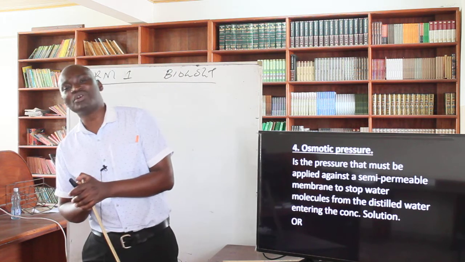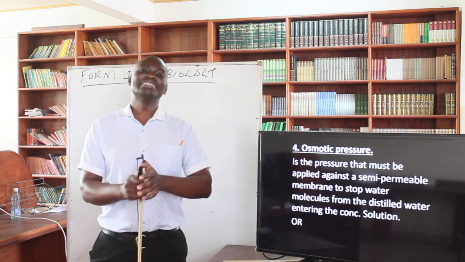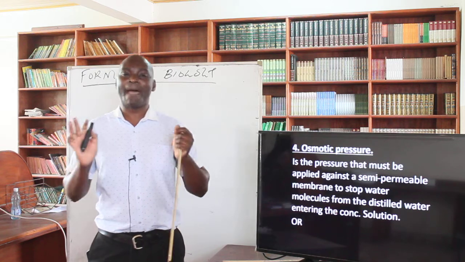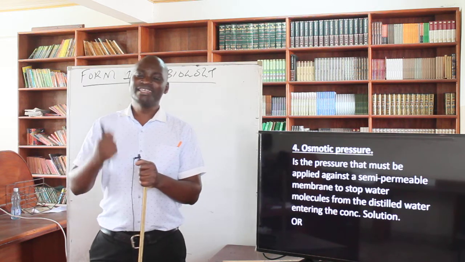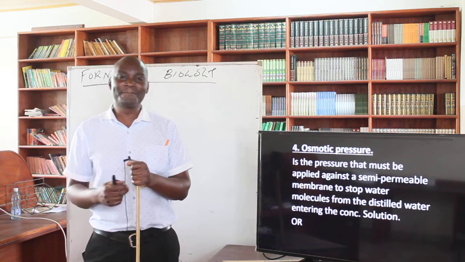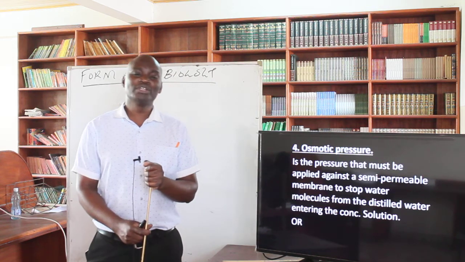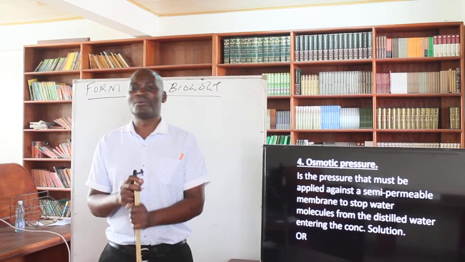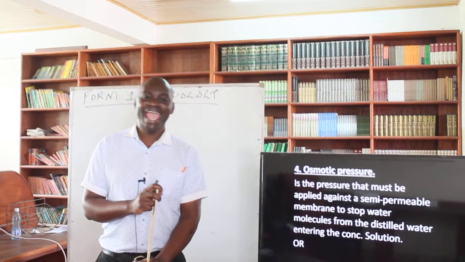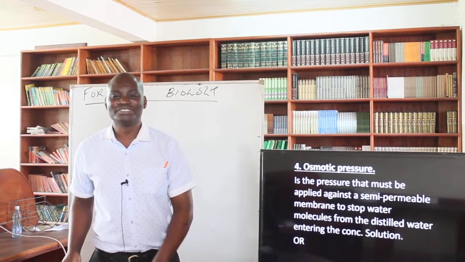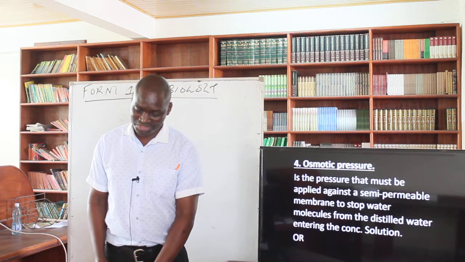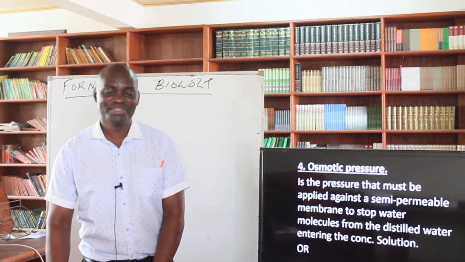We move on to step 4, where we are going to discuss osmotic pressure. Osmotic pressure is the pressure that must be applied against a semi-permeable membrane to stop water molecules from the distilled water entering the concentrated solution. I want to demonstrate that.